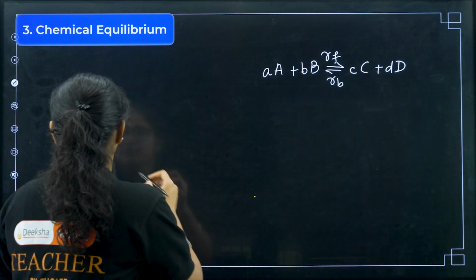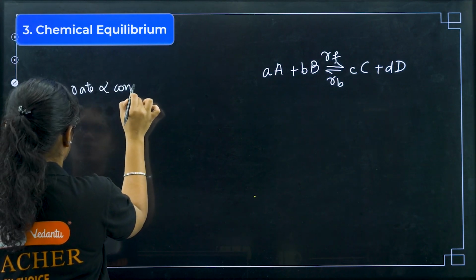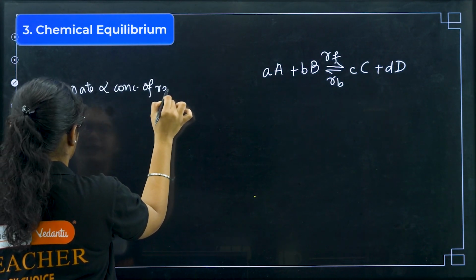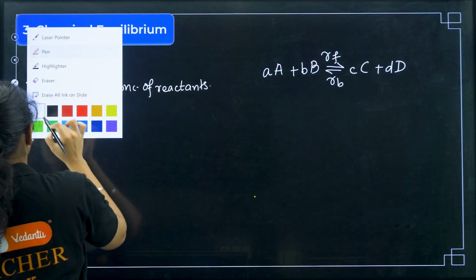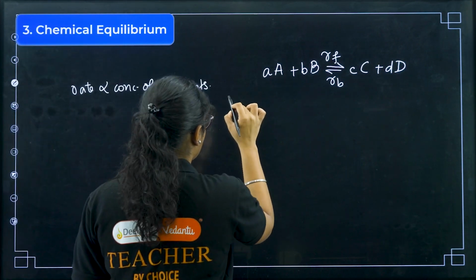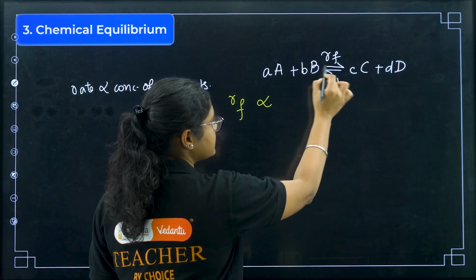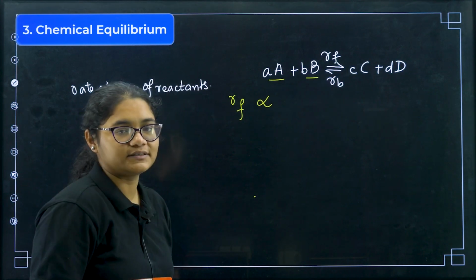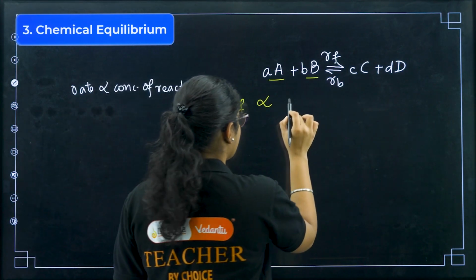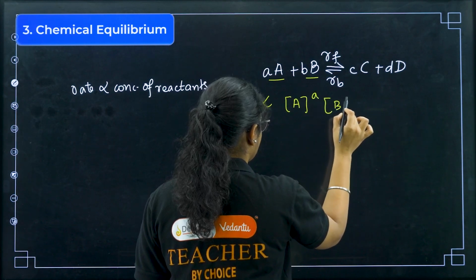So if I write the rate of forward reaction, that is proportional to concentration of A and concentration of B, so I can say it is [A] to the power a and [B] to the power b.